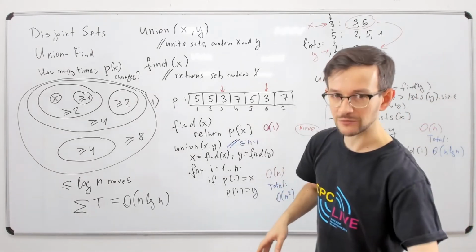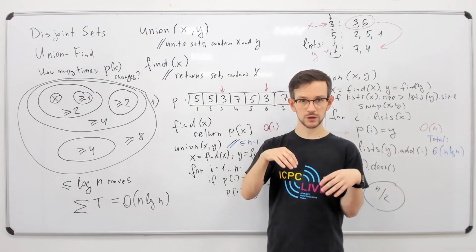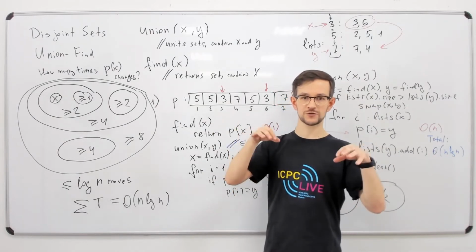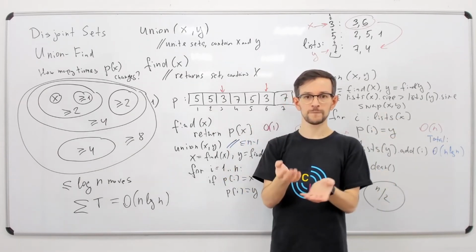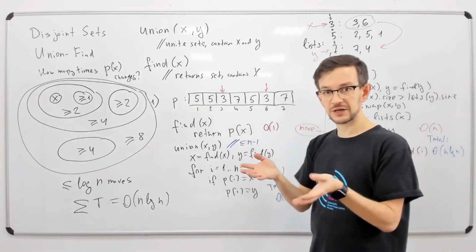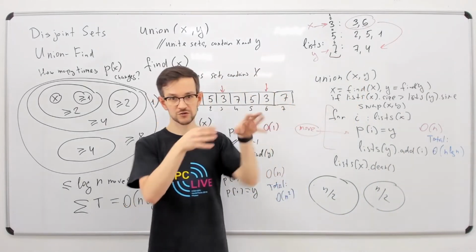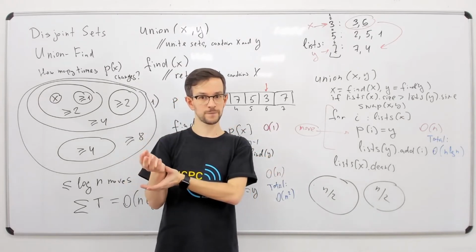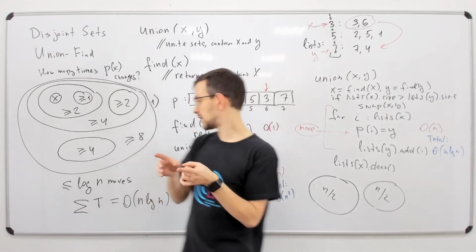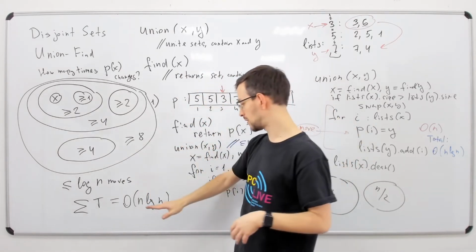If you have a data structure where you can insert elements one by one, and you want to merge two data structures into one, the easiest technique is to take the smaller data structure and put its elements one by one into the bigger data structure. If you do this, the total number of moves of elements from one data structure to another will be n log n.